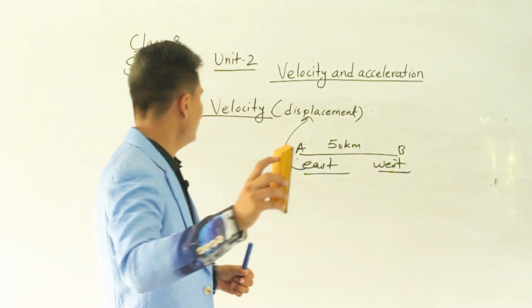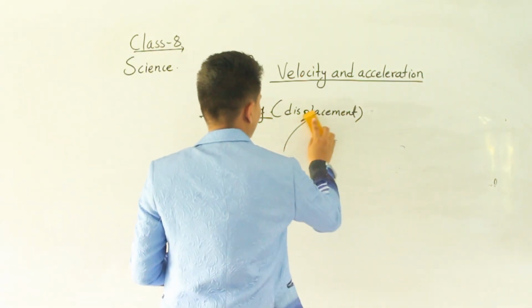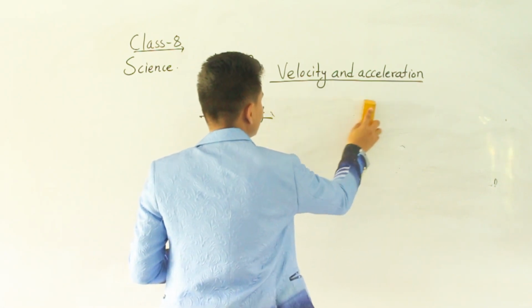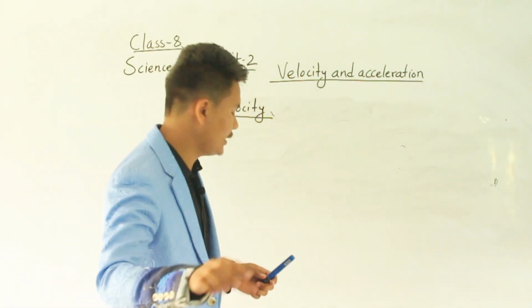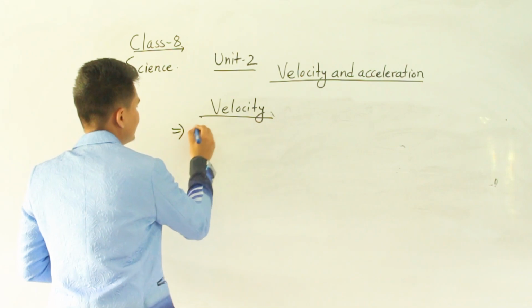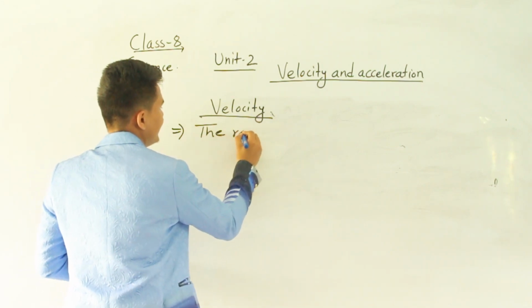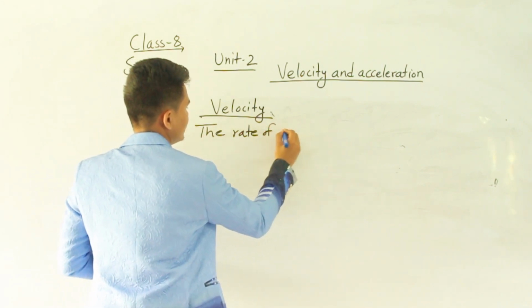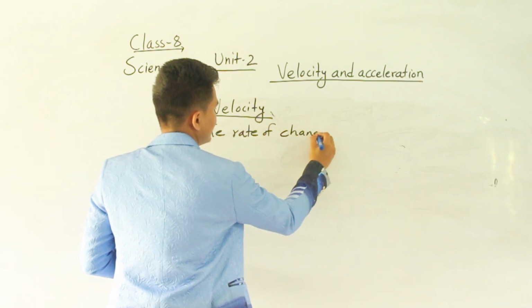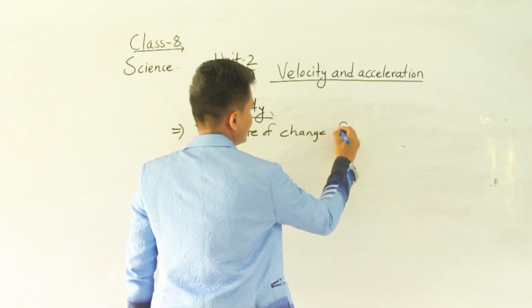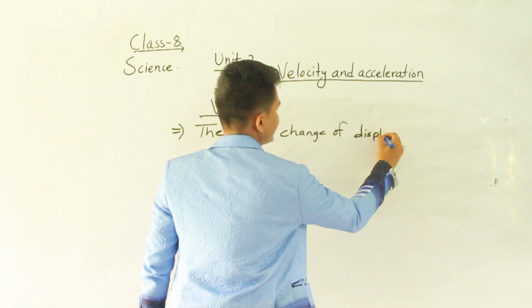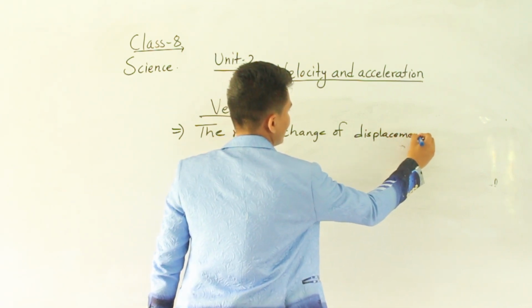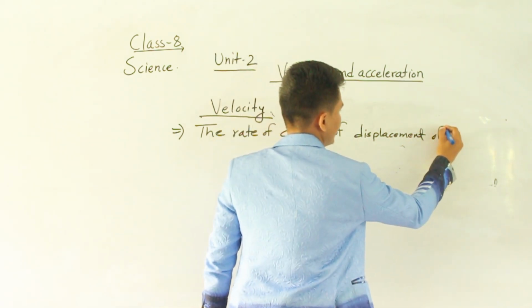Okay, so let's define velocity. Velocity is basically defined as the rate of change of displacement of a body.